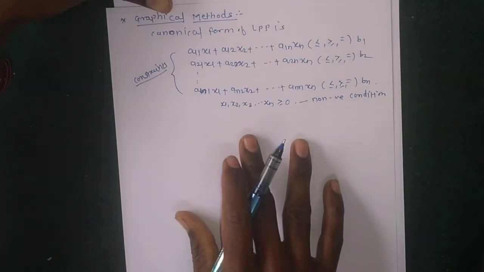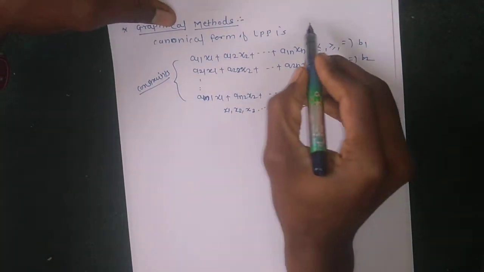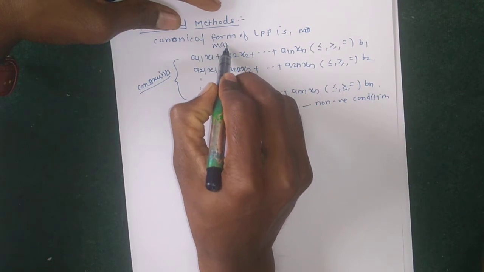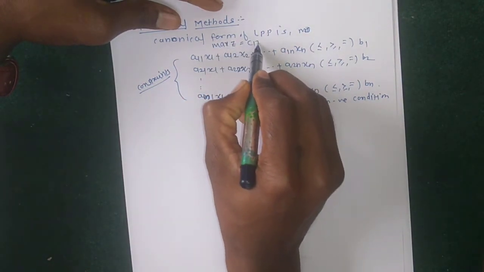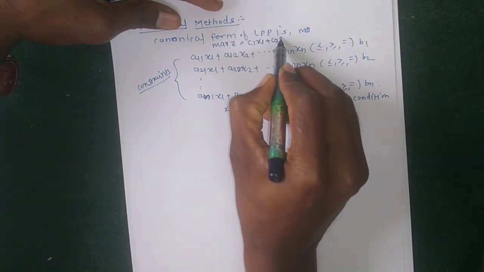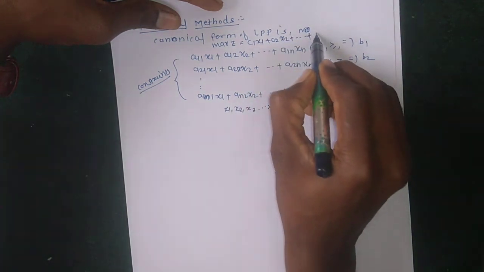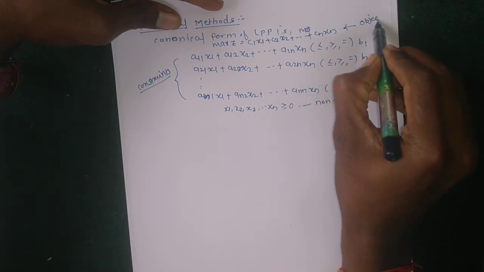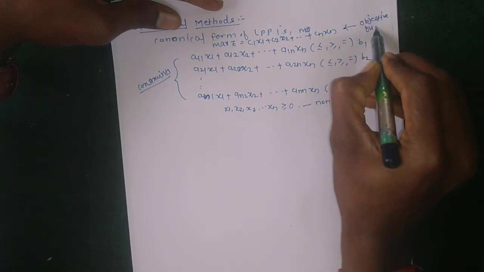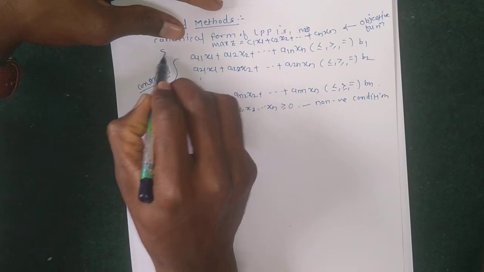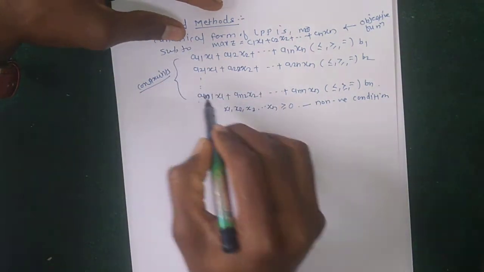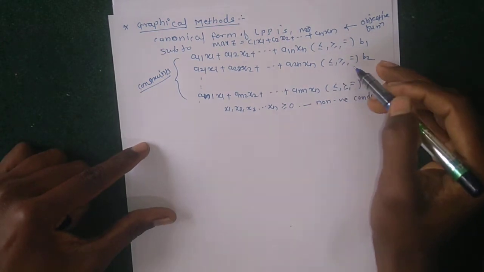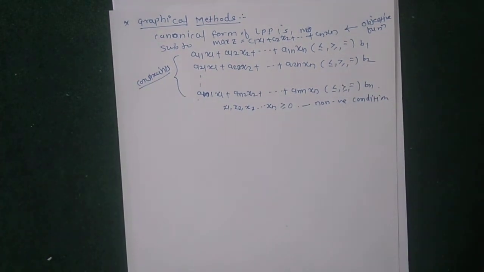Sorry, one thing is remaining: maximize z equal to c1 x1 plus c2 x2 plus so on cn xn. This is the objective function, and this is subject to all these constraints. So how do we solve this LPP by using the graphical method?